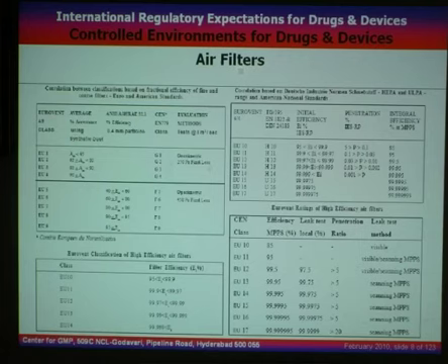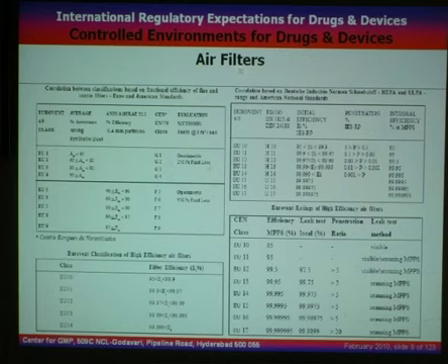Now if we were to go by Eurovent, it goes on from EU1 to EU9. EU1 to EU4 are coarse filters, pre-filters, and EU5 to EU9 are slightly better pre-filters. CEN refers to the European normalization, and they call it under EN 779 G1 to G4.